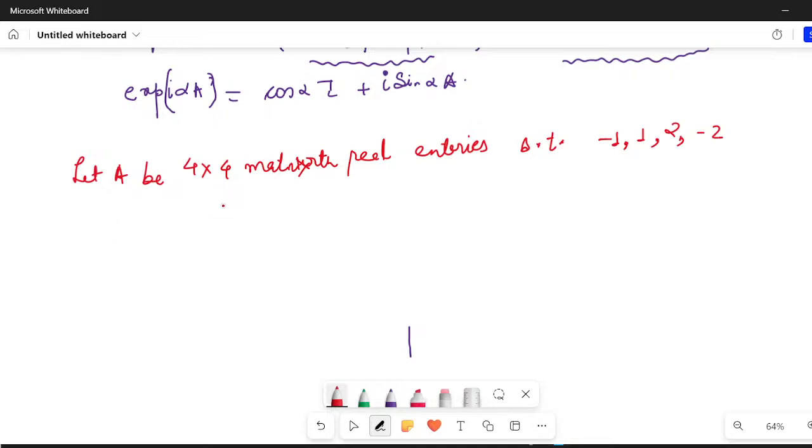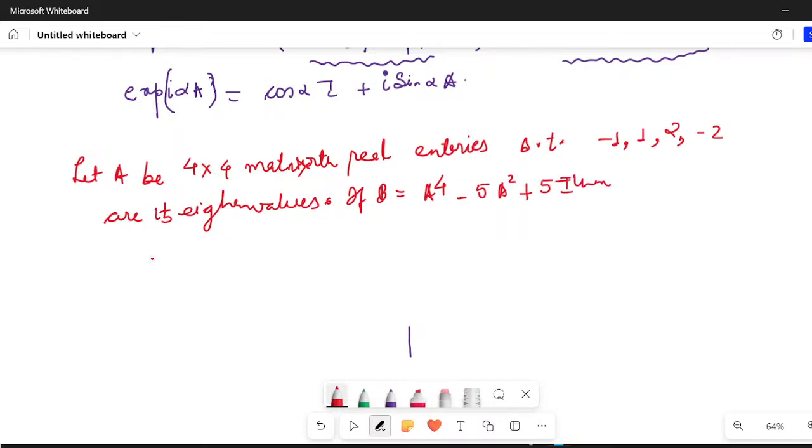If B is equal to A raised to power 4 minus 5 A square plus 5 I, then which of the following statements is correct?